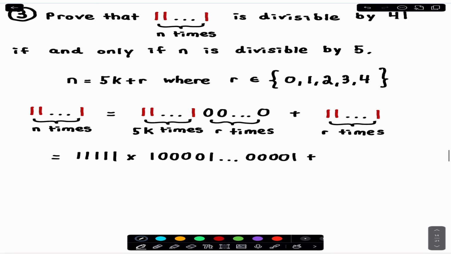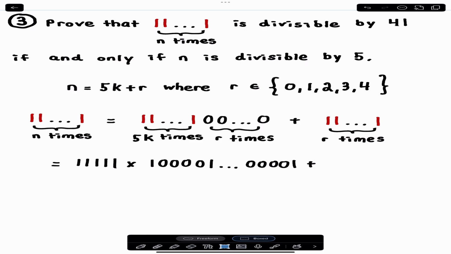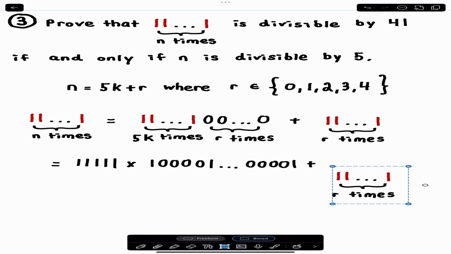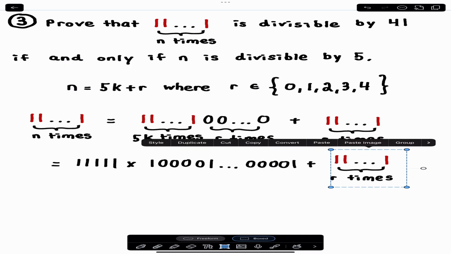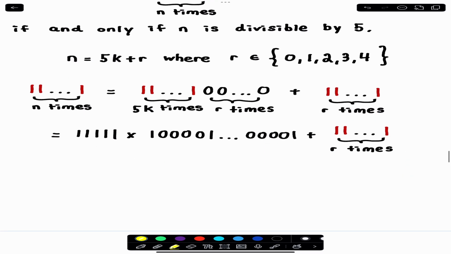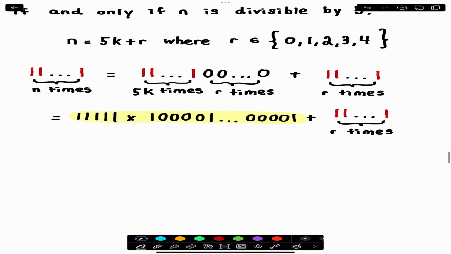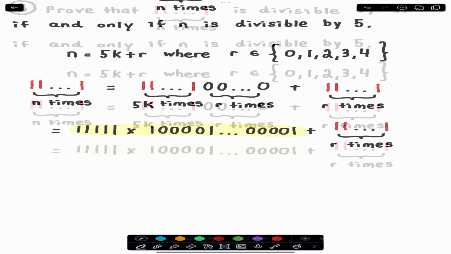And of course, we can't forget about these r 1s that we're adding at the end. I'm going to highlight this because this is a pretty big step. And if you can't follow along, that's what we're going to look at in closer detail.